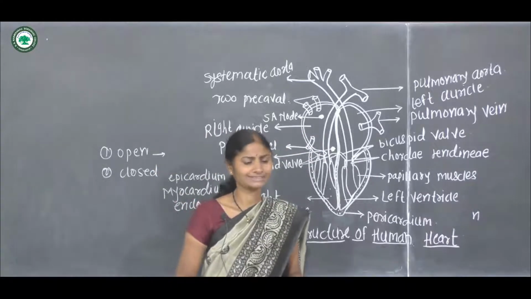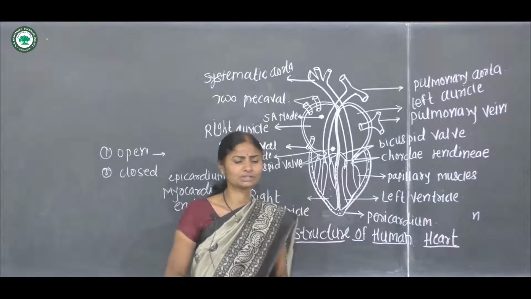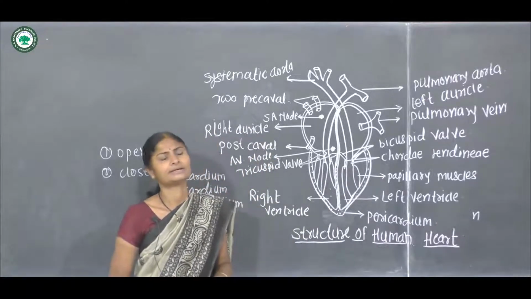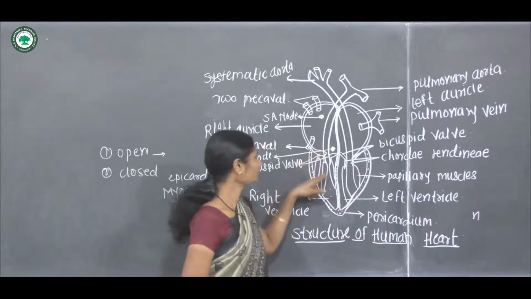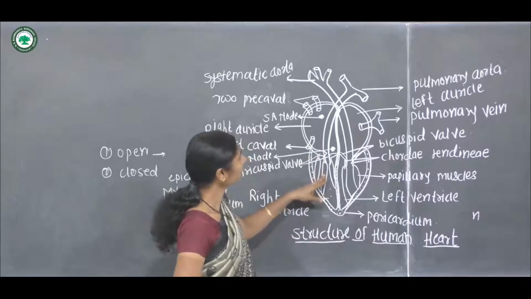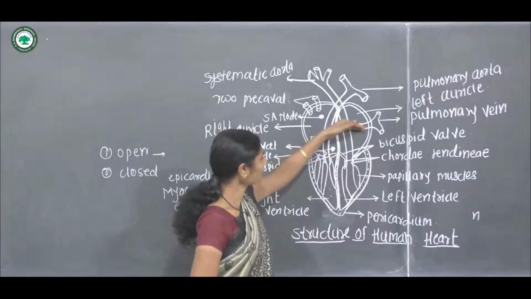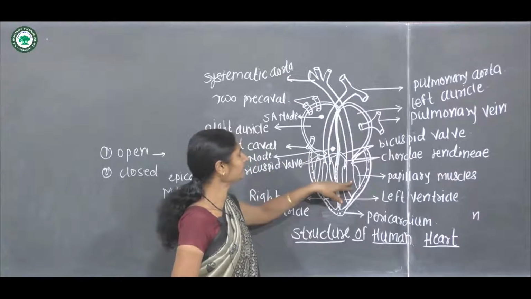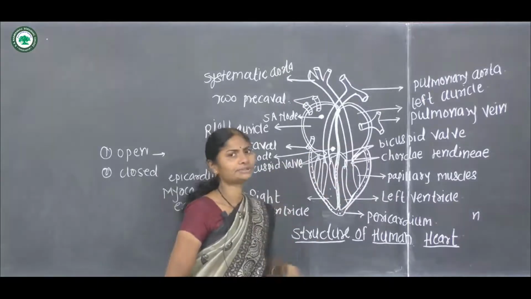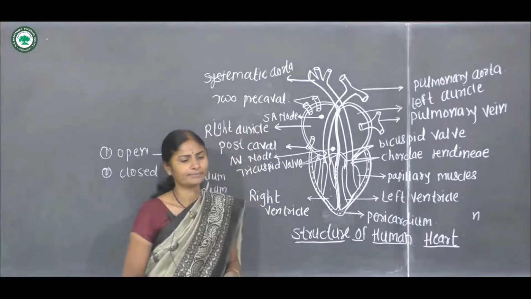The right auricle opens into the right ventricle by the right auriculoventricular aperture. Similarly, the left auricle opens into the left ventricle by the left auriculoventricular aperture.